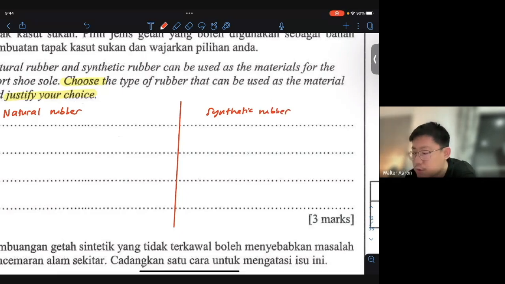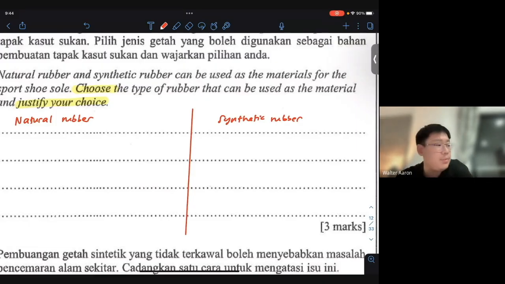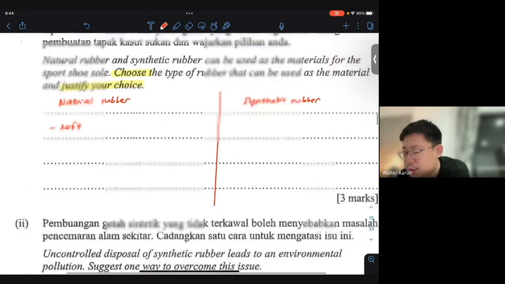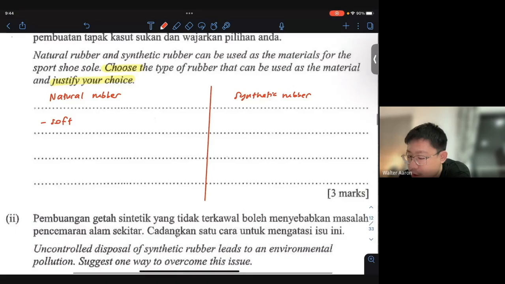There are pros and cons in both actually. So it's up to you. For example, in natural rubber, you can say soft. I write point form only because I want to explain to you how it works, but don't write point form like this in the actual Section A. So you can say soft.